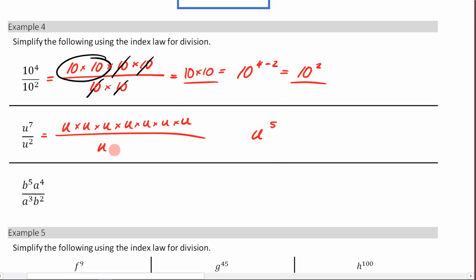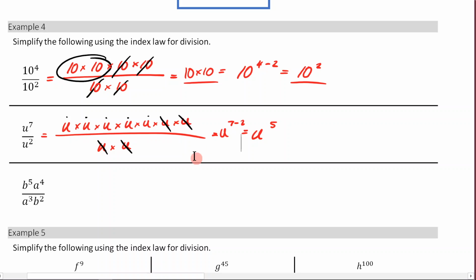Then here I have u times u. Then I would cancel out things that are both in the numerator and denominator. So this u would go away with this u, and now I'm left with 1, 2, 3, 4, 5 u's. And as you can see, that's what I originally said. So a lot quicker way of doing this is simply going, hey, this is u to the 7 minus 2.